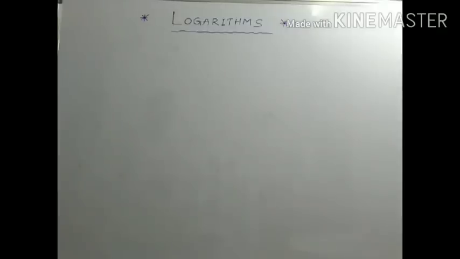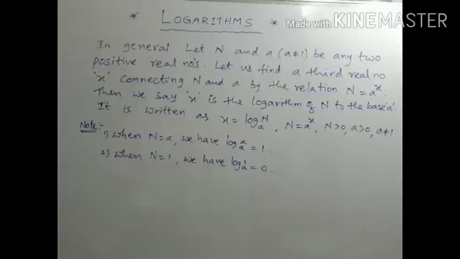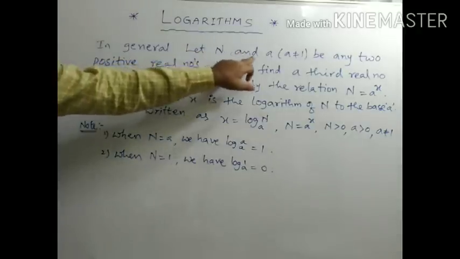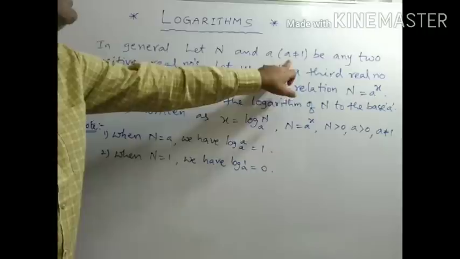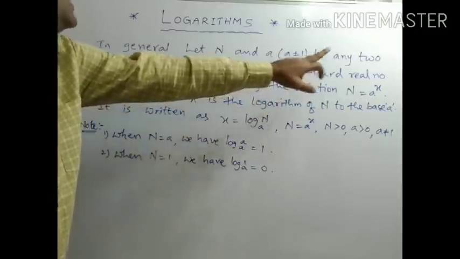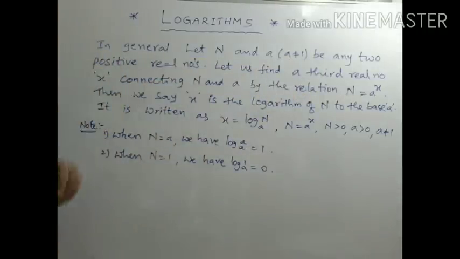So first of all, let us discuss the definition of a logarithm. What is a logarithm? Look at the definition. In general, let capital N and small a, where a is not equal to 1, be any two positive real numbers.